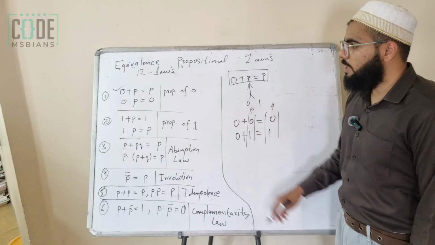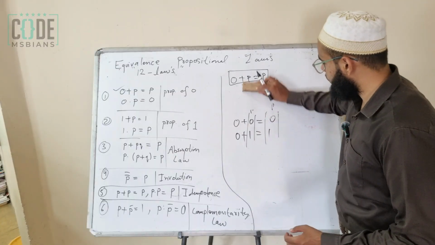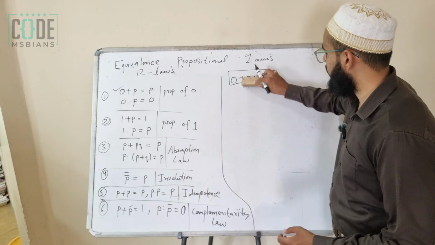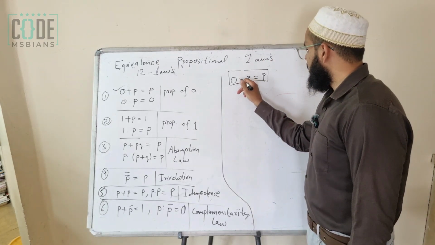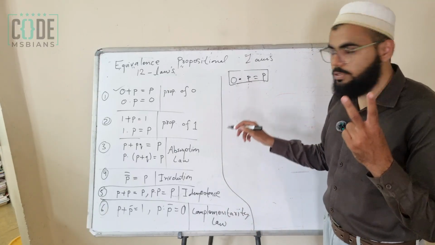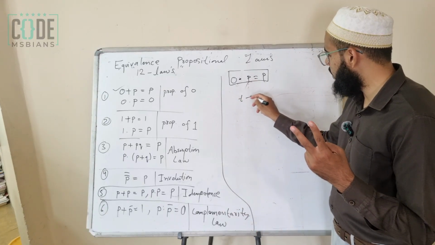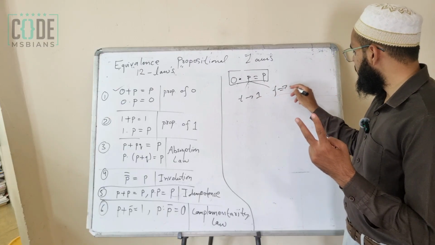Now another law is when you do ANDing with 0. For example, instead of OR, if I do ANDing, I am just erasing the OR and putting the AND, the dot sign. We already know that p can have two values, either it can be true, which means 1, or it can be false, which means 0.